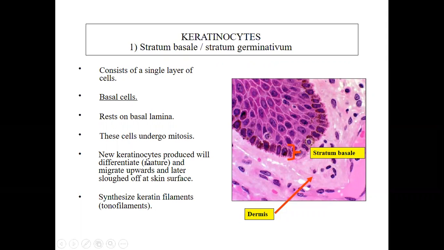Whenever it divides, it will form a neokeratinocyte that will differentiate, mature and migrate upward, and later will be sloughed off at the skin surface. The keratinocyte here synthesizes keratin filament, or tonofilament. You can see here, this is the stratum basale. Down here, we have the dermis.